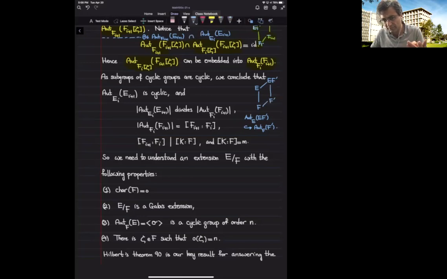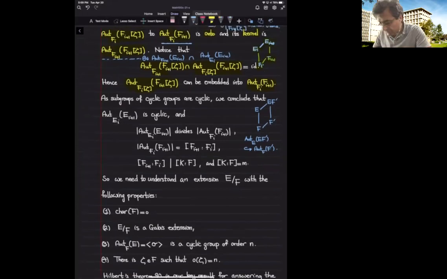Already the restriction of this automorphism to E is identity. So the restriction of this automorphism to EF prime is identity. So this gives us an injective map from E automorphisms of EF prime to F automorphisms of F prime. So you see, this is quite a general result. As long as all the extensions are Galois, we can apply these restrictions and get the desired result.